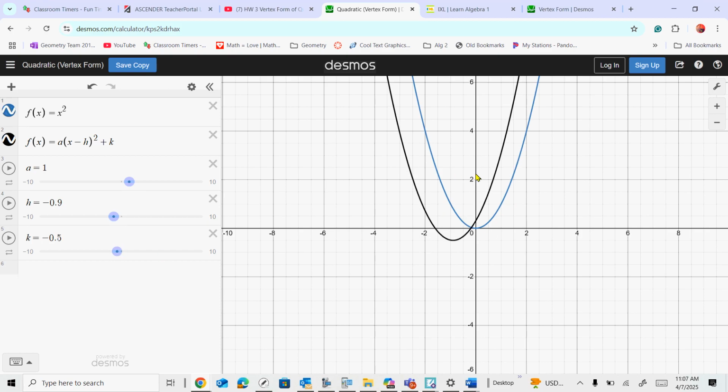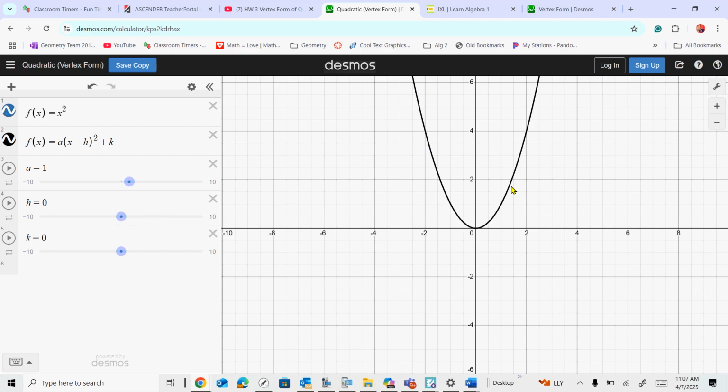Now, did we see that the shape, I didn't do anything to the shape. It's staying the same. Even though I'm moving it to the left and down, the shape is still going to be the same. Like if I go back to the origin, there it is, and then right there.